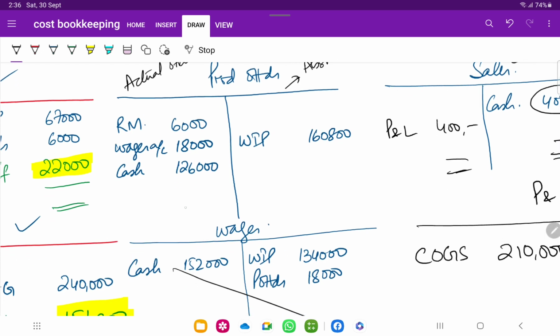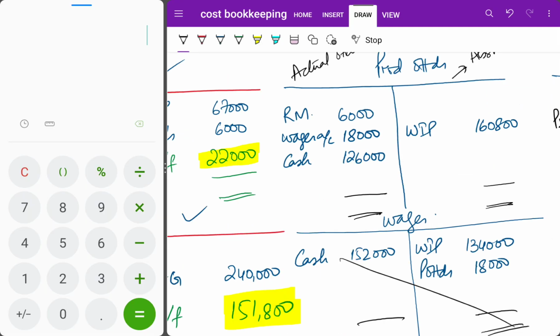Try to add the debit side and the credit side. So 6,000 plus 18,000 plus 126,000 is 150,000. On the debit side we have 150,000 and on the credit side we have 160,800. If you deduct, we get a 10,800 balance, and this balance is on the debit side.